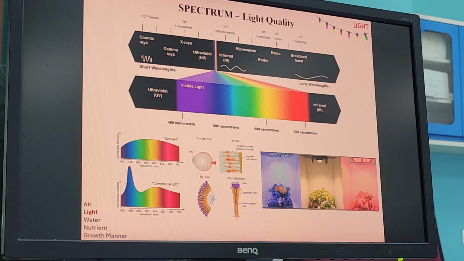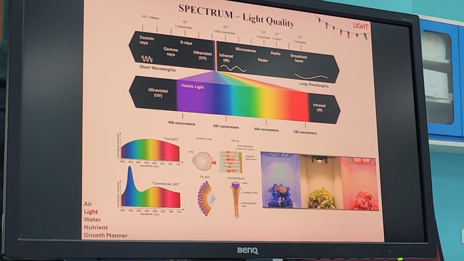These cells can perceive specifically the wavelength of light from 400 nanometer to 700 nanometer. And guess what? This is also the range of your rainbow. 400 is the start of it, which is the blue.